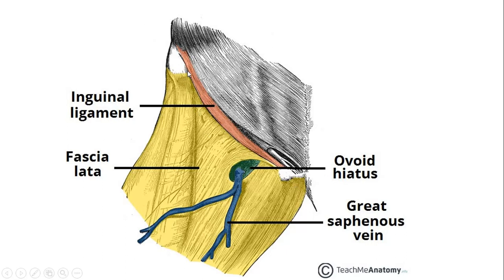Here you can see the deep fascia attaching to the inguinal ligament, and below this, round about here, will be the attachment of the membranous layer of the superficial fascia, which fuses with the deep fascia.